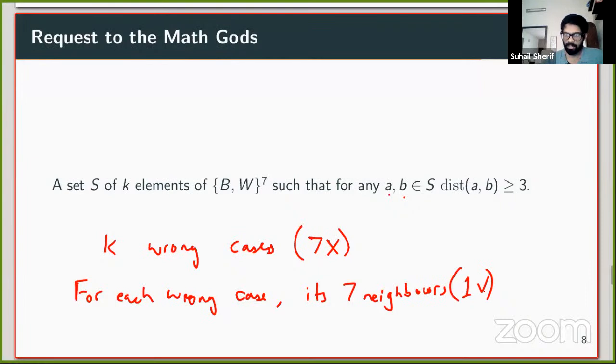And this is exactly how we wanted our optimal solution to be. We wanted 112 cases with exactly 1 correct, and we wanted 16 cases with 7 wrong.